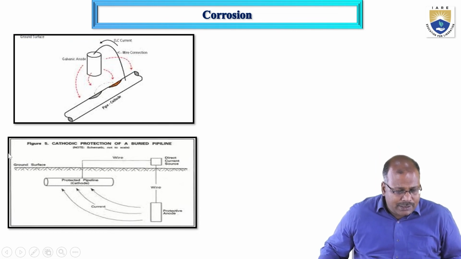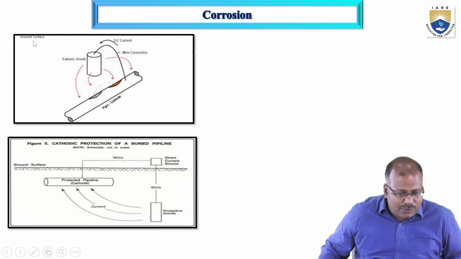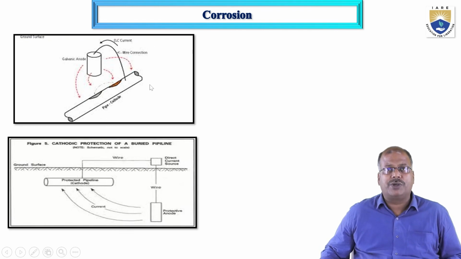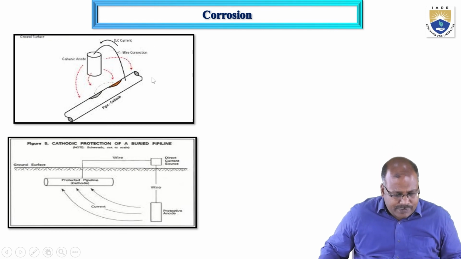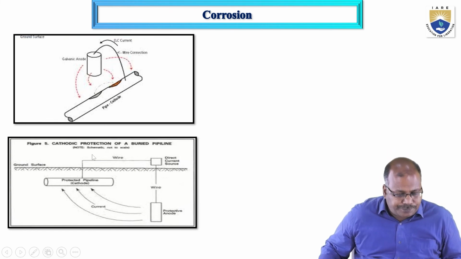Similarly, this is the ground surface. These are all below ground, we are talking about a pipeline underground. So here the ground surface and below it the protected pipeline. By supplying current, it has become cathodic. A direct source through wire, impressed current is passed, and then the protective anode.